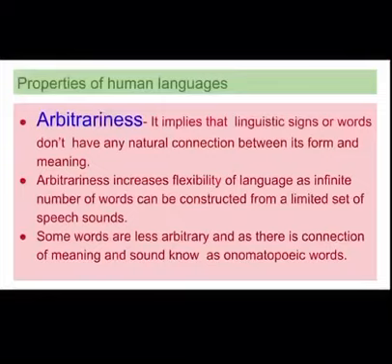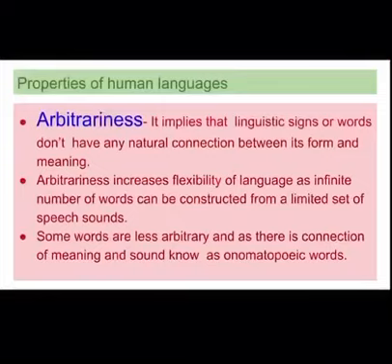Each particular language, English, French, Chinese, etc., uses a different set of symbols. Arbitrariness is useful because it increases the flexibility of language. The flexibility arises because language is not constrained by the need to match the form of a word and its meaning.